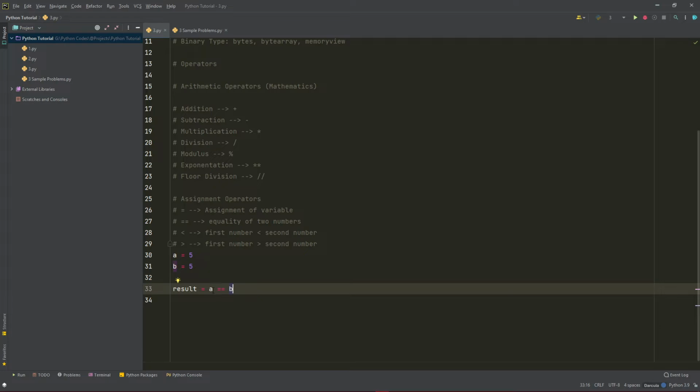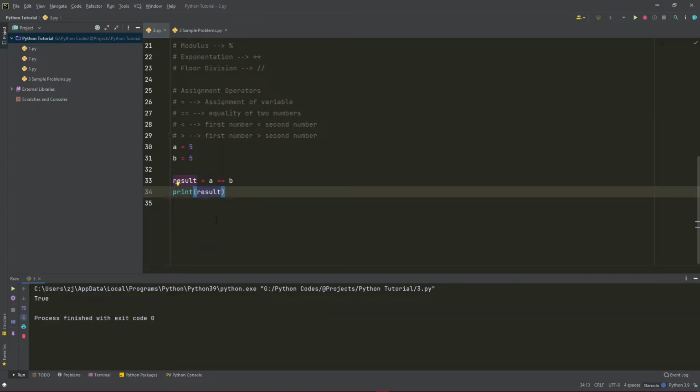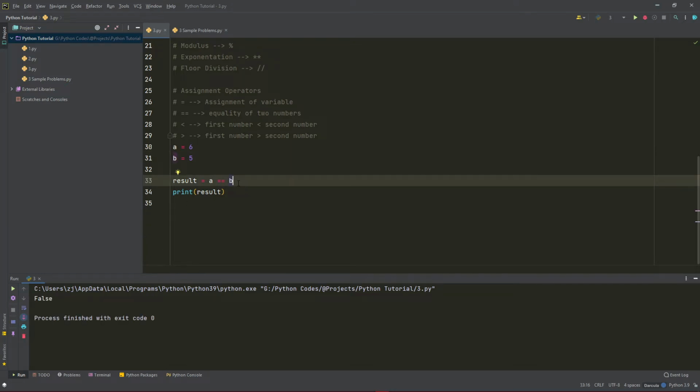So you have the A. If they're equal, then if you print the result, we're going to have a true value because they're the same, right? Now, what if we change the 5 into 6? Now it's going to say false because they're not the same.